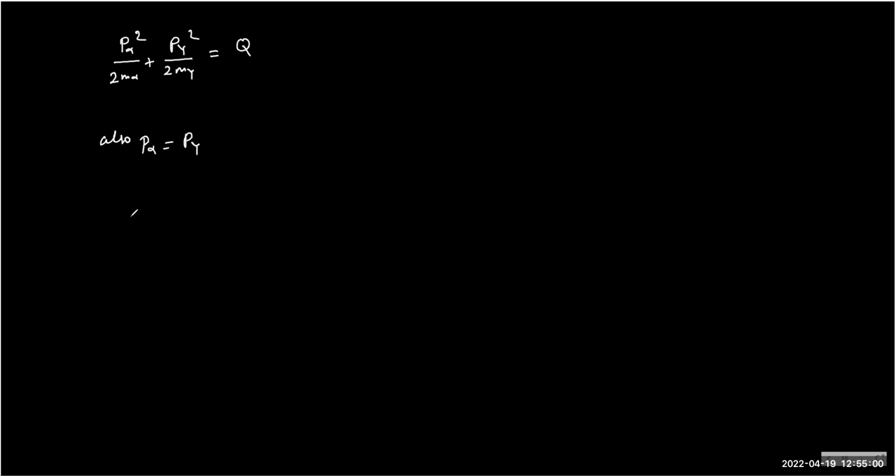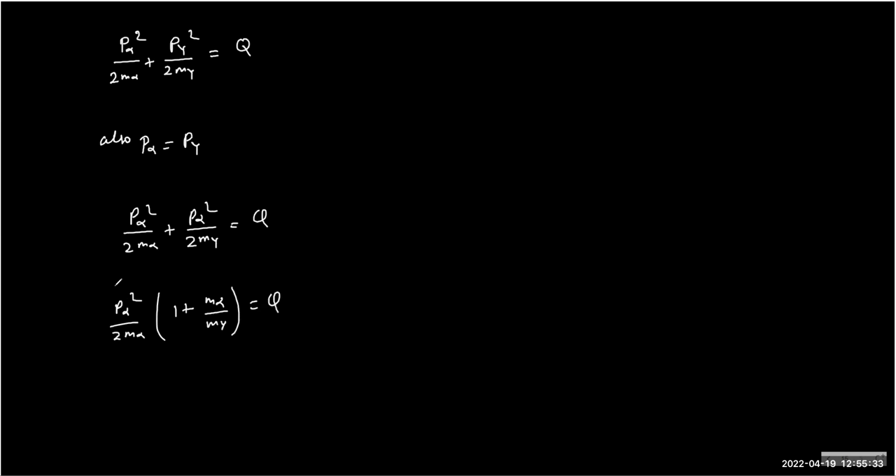So we can substitute P y. So let's say I'm trying to find the kinetic energy of the alpha particle itself. If I take P alpha squared by 2m alpha common, what I'll get is 1 plus, and this is nothing but the kinetic energy of the alpha particle.